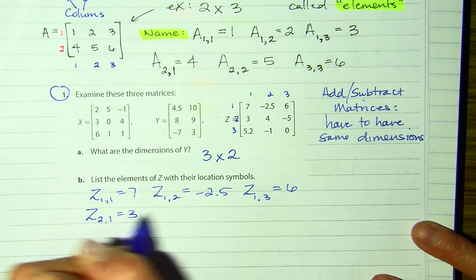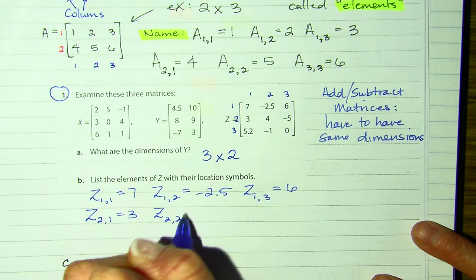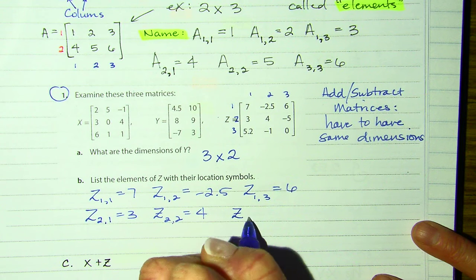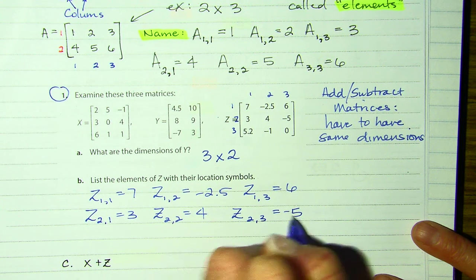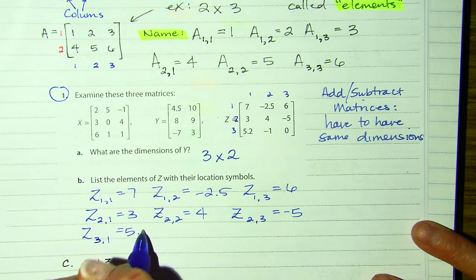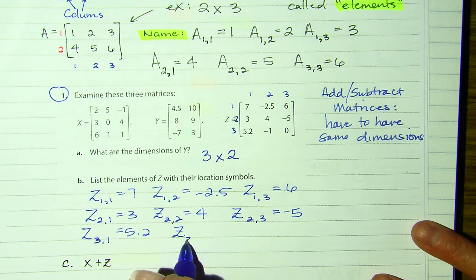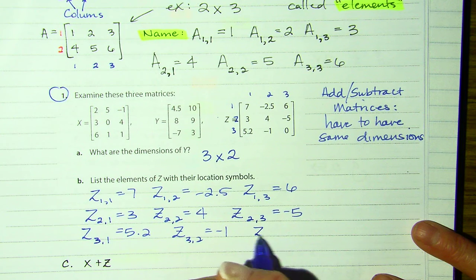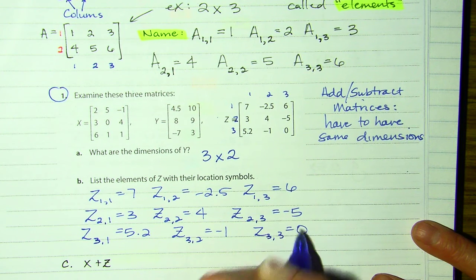Z21 equals 3, Z22 equals 4, Z23 equals negative 5. Last, Z31 equals 5.2. Z32 equals negative 1, and Z33 equals 0.